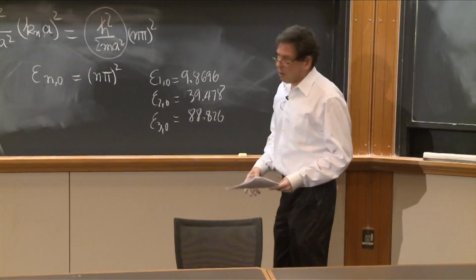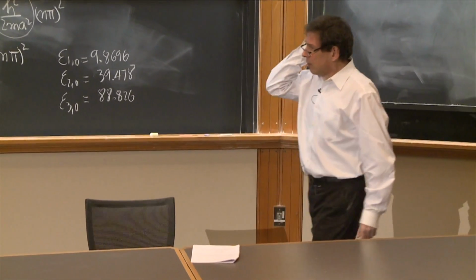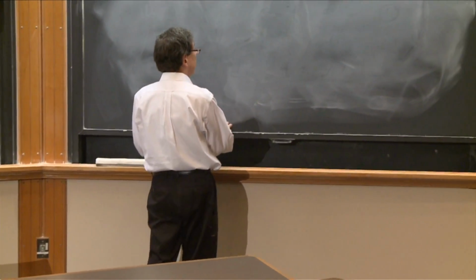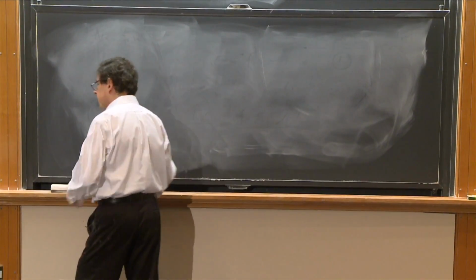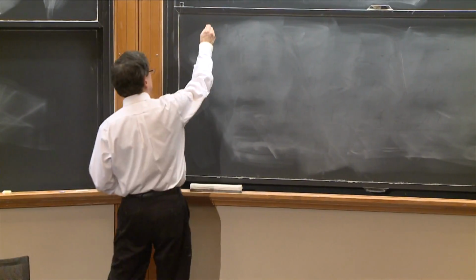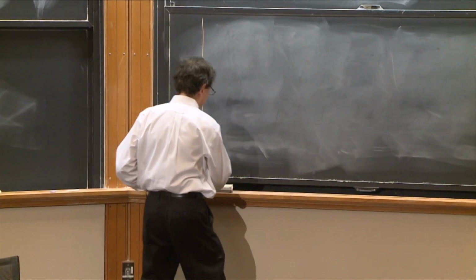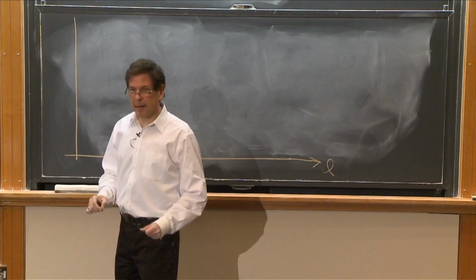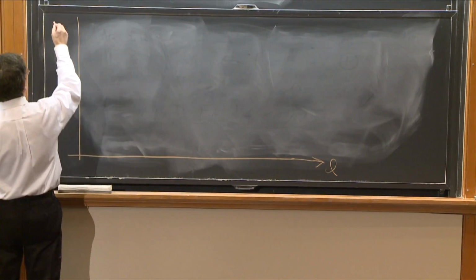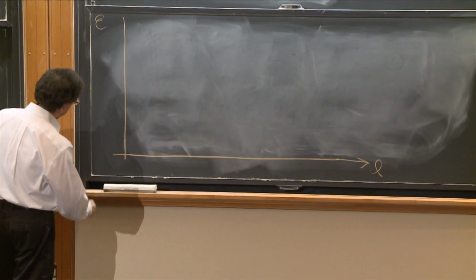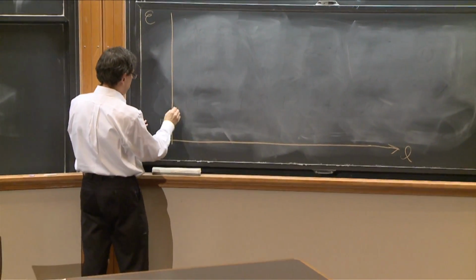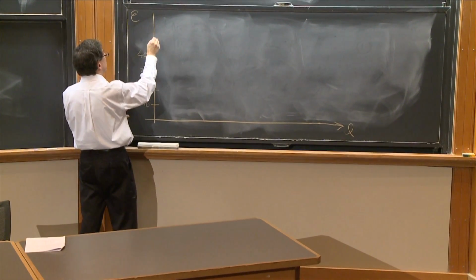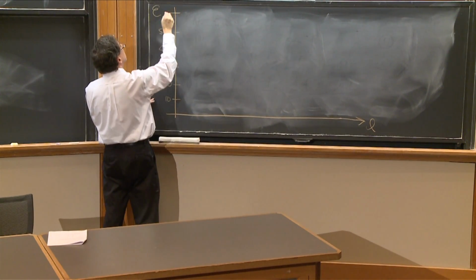Why do you want to see those numbers? I think the reason you want to see them is to just look at the diagram of energies, which is kind of interesting. So let's do that. Here I'll plot energies, and here I'll put l. And now I need a big diagram. Here I'll put the curly energies, and here is 10, 20, 30, 40, 50, 60.